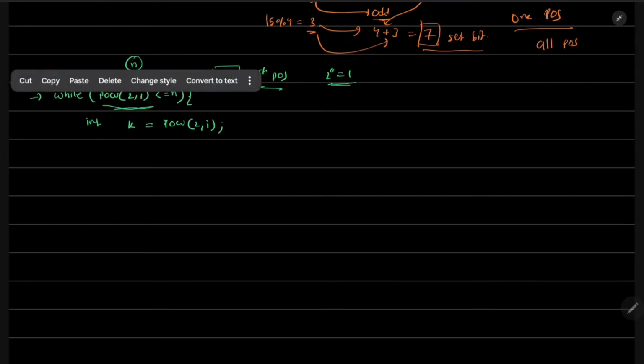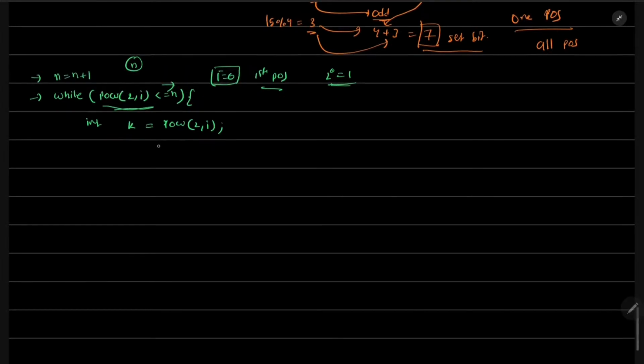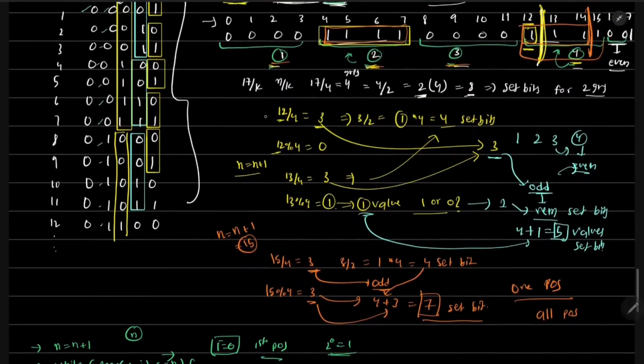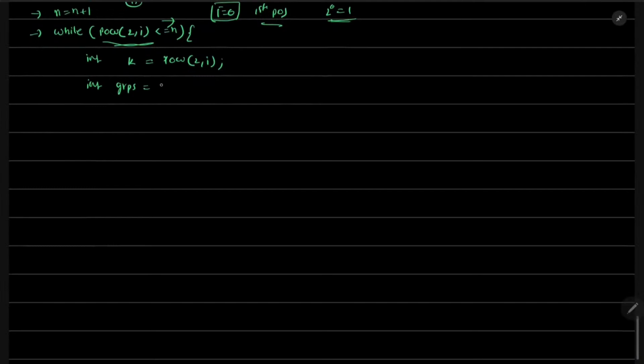This is the k value, right? And what do I have to do again? We need to find the groups. Integer groups. How do we find the groups? It's very easy. We divide the n value by the k value, right? This is the number of groups. And again, the number of ones.